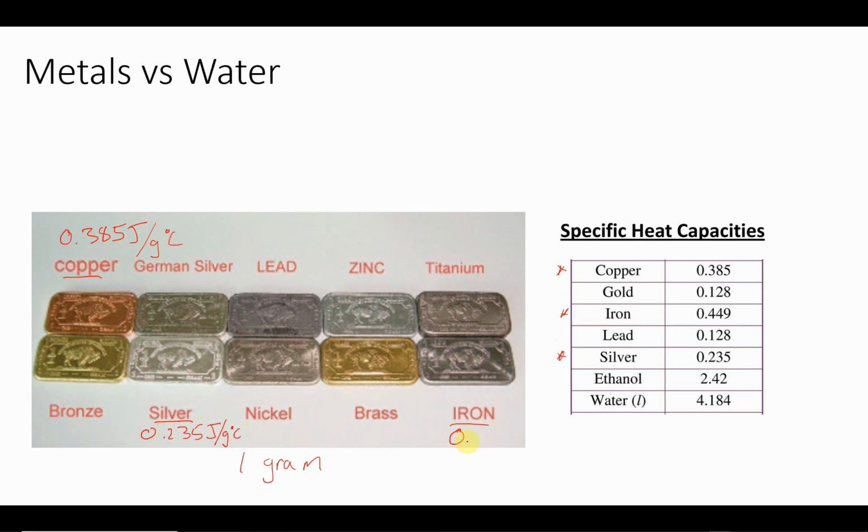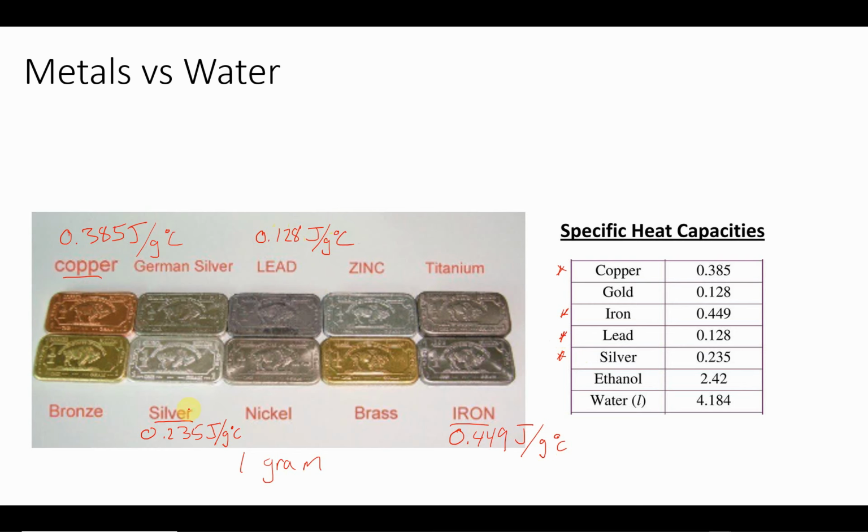Iron, it takes 0.449 joules of energy to raise 1 gram of the material by 1 degree Celsius. And since they have lead, let's put it on there. Lead, it takes 0.128 joules of energy to raise 1 gram of material by 1 degree Celsius.